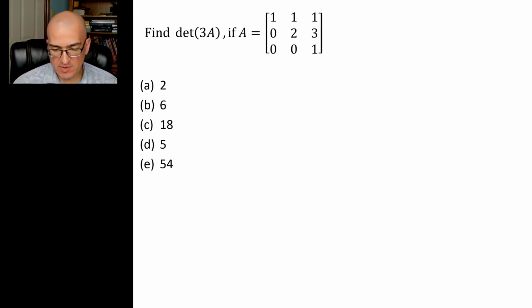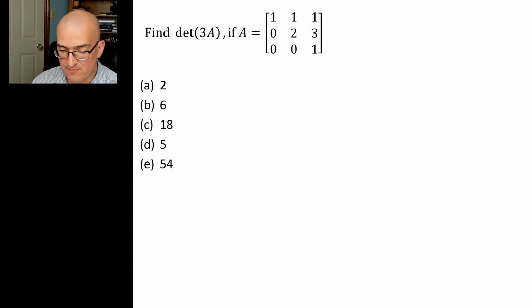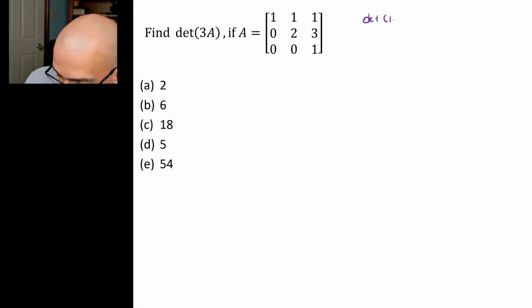Okay, here's another example. We're asked to find the determinant of 3A. So determinant of A is equal to 1 times 2 times 1, which is 2, using the triangular matrix shortcut.